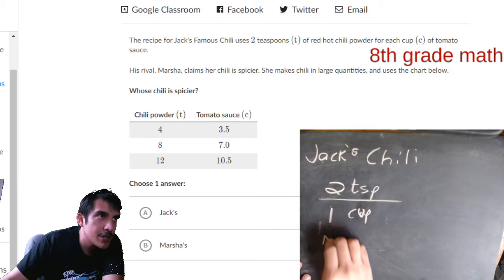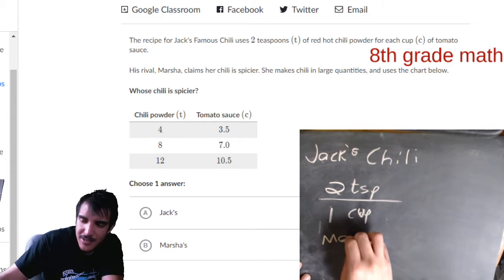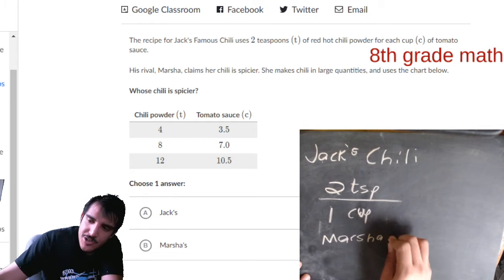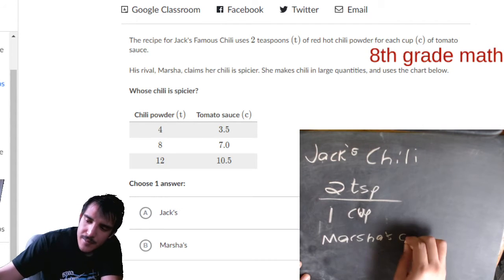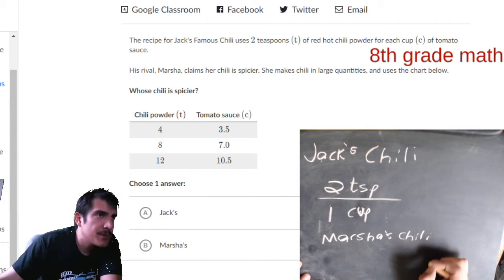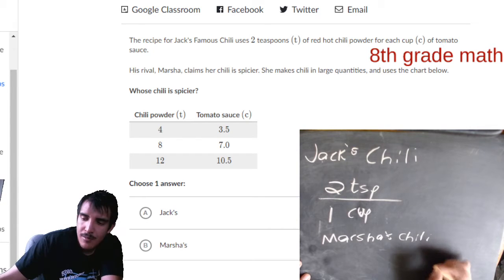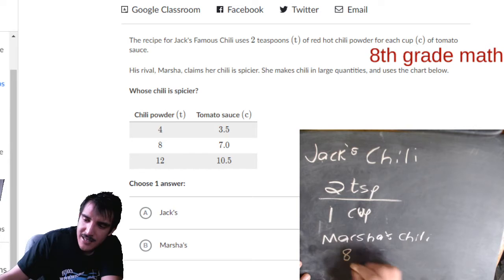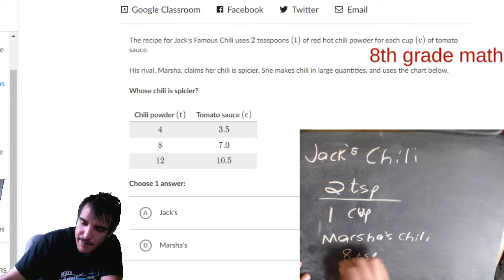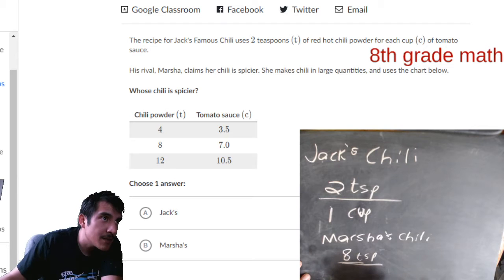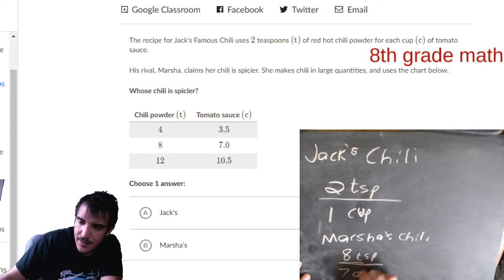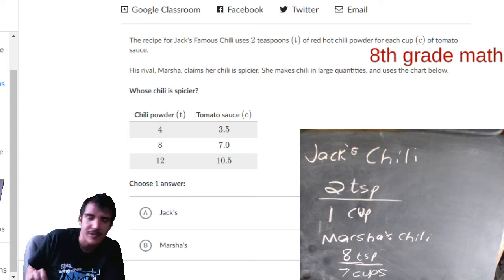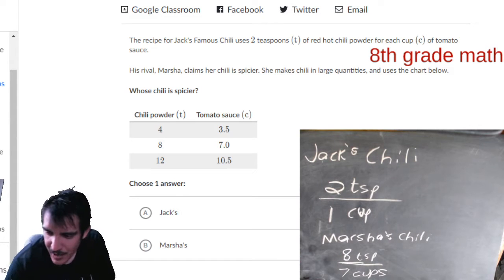Marsha's chili has how many teaspoons per how many cups? Well, I'm going to use the second line. I'm going to say 8 teaspoons. 8 TSP per, what was it, 7 cups? So 8 teaspoons per 7 cups.